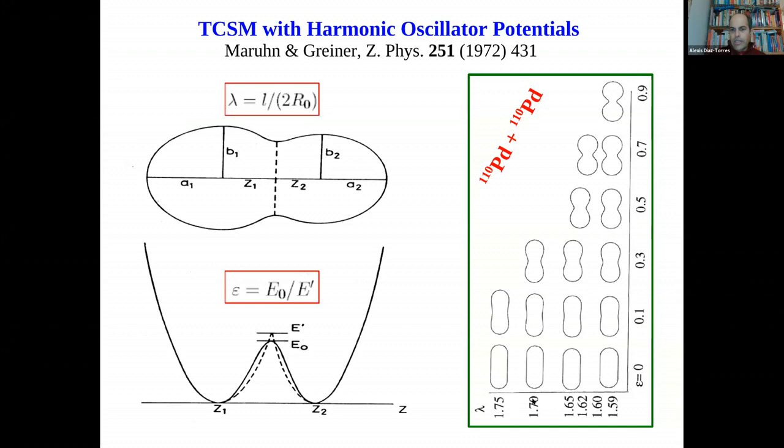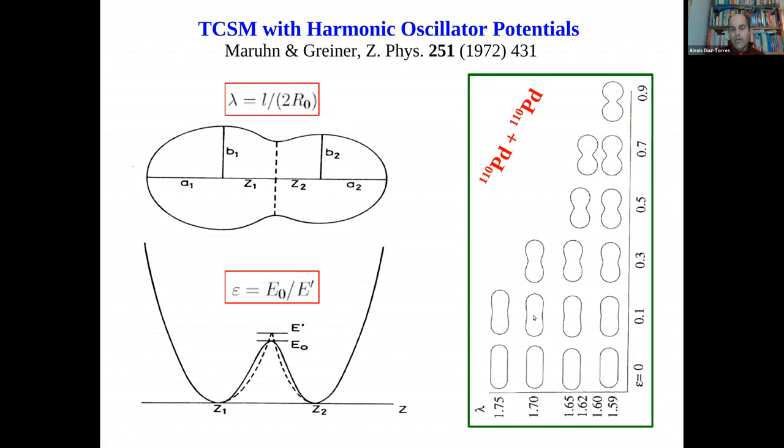Here on this axis we see lambda, which is associated with the length of the system normalized with the diameter of a spherical compound nucleus with the same volume, because all these nuclear shapes have the same volume. Because of the incompressibility of nuclear matter, it is assumed that the volume of the system remains constant.